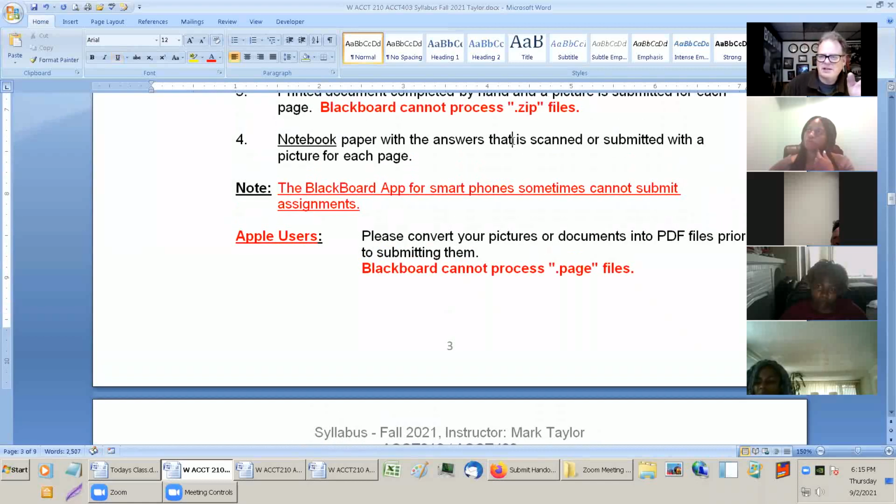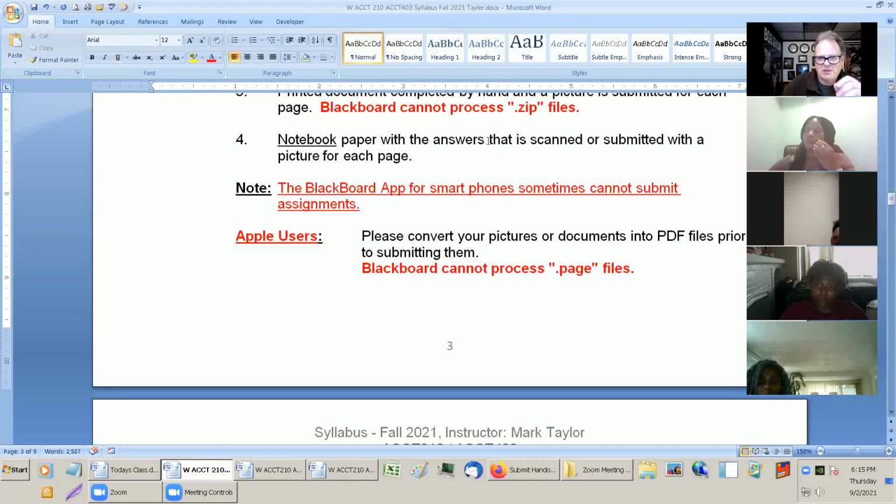So be careful. This is not just for our class; this is for all the classes in Blackboard. If you're submitting things in this class or any other class and they're not getting them, it could be the app itself. The app on the phones is sometimes not as good as it should be, especially in this day and age.